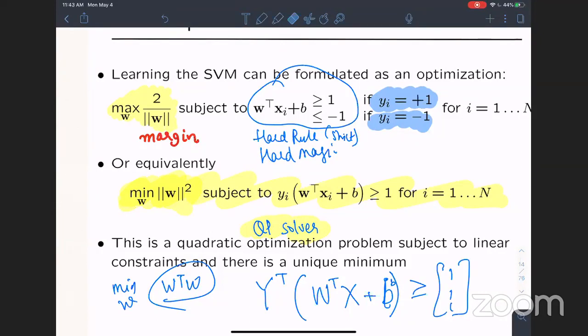Shubham, about the issue of the constant being 1. See, the constant being 1 is just an easy way of saying it's a positive class and a negative class. It's coming from geometry, right?